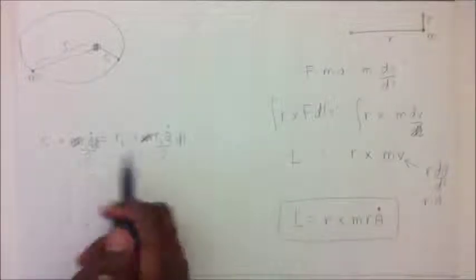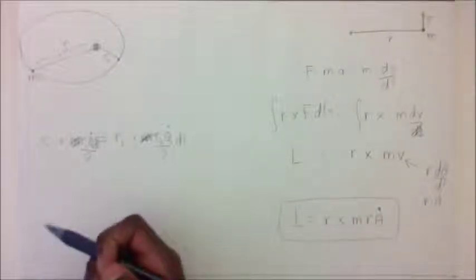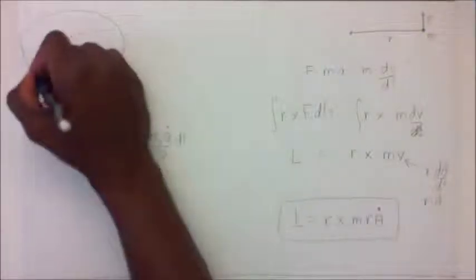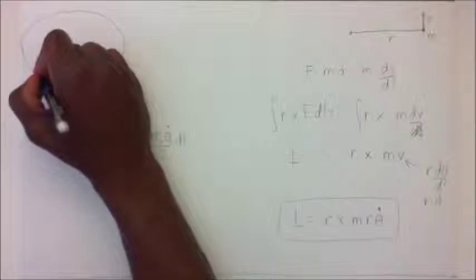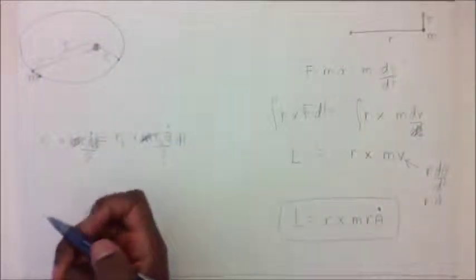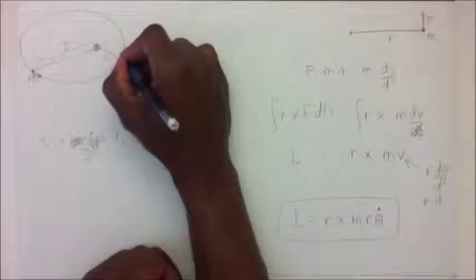And what we have just done on both sides of the equation is to calculate the area of a very small triangle. Keep in mind, although the velocity here has a component that's inward, whenever you cross multiply, you get the component of the velocity that is perpendicular to the lever arm. And the same goes over here.